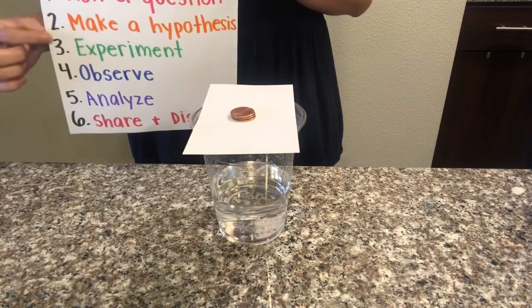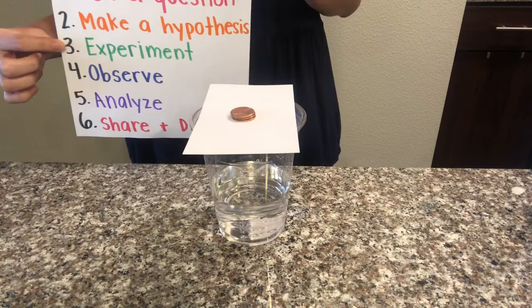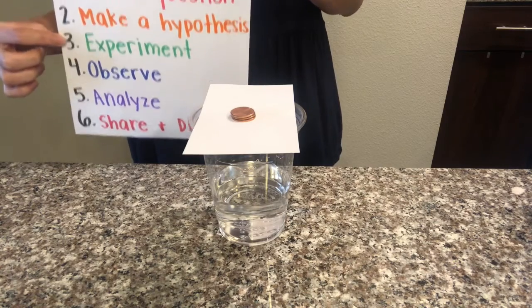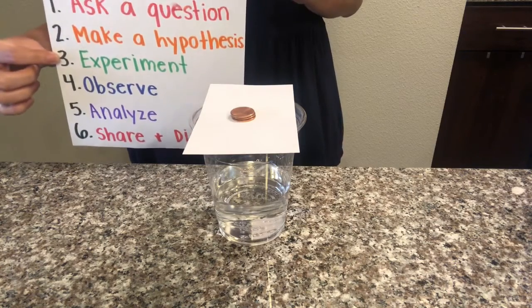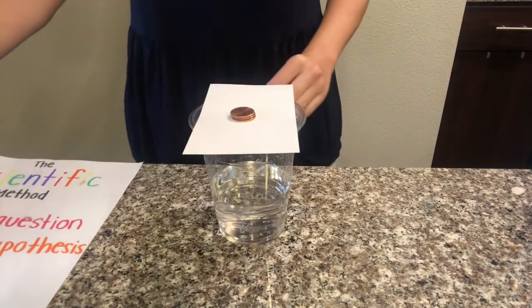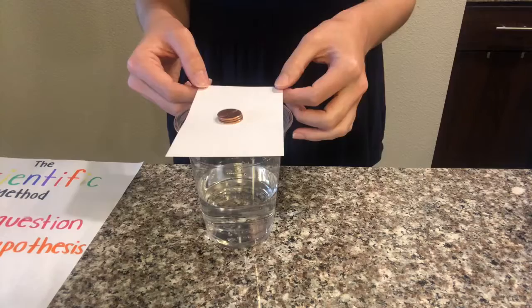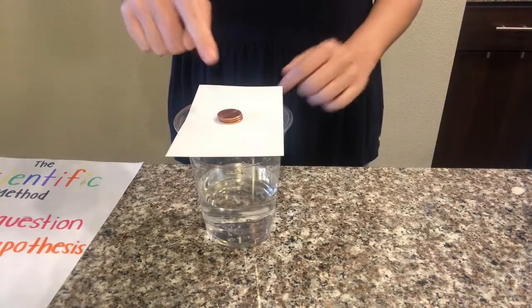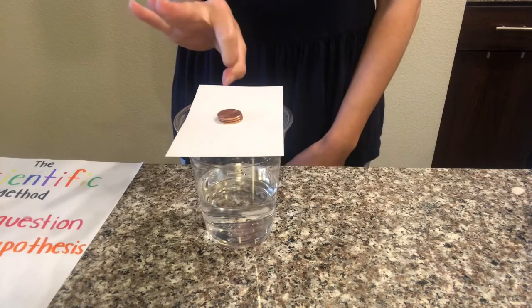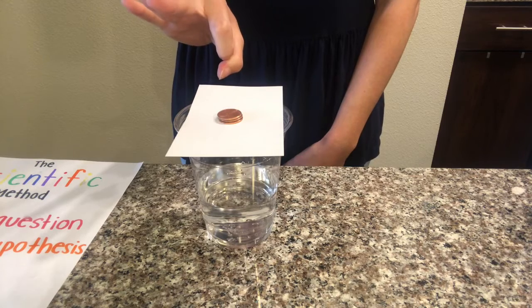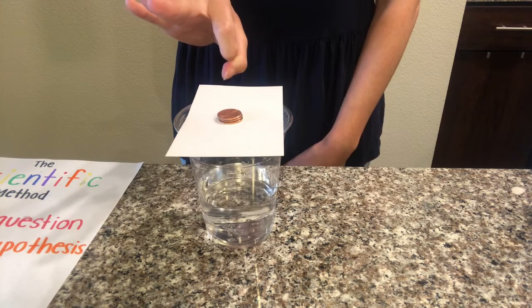Now, we will do number 3. We are going to conduct our experiment. So again, I have my cup, I have my note card, and I have 3 pennies stacked on top. I'm going to flick this card and we are going to watch and see what happens.